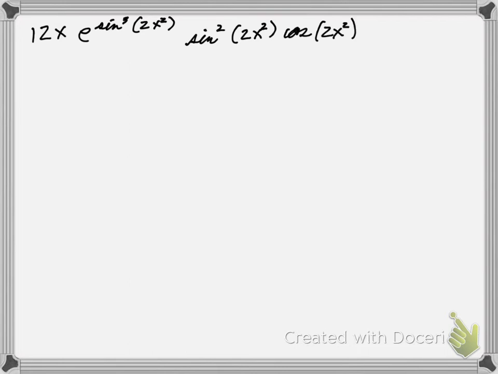So what we found to be the derivative of e to the power of sine cubed of 2x squared was 12x e to the sine cubed of 2x squared times sine squared of 2x squared times cosine of 2x squared. And then we're going to multiply this by, remember, secant cubed of 2x squared.